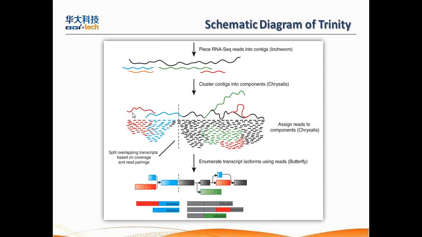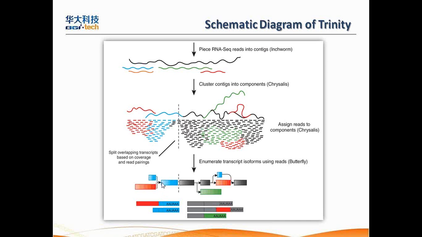As we can see, here is one isoform, one transcript, this one is red, and then it's blue, and this transcript also has another isoform. Here is a kind of short blue one, and here is a longer blue one.